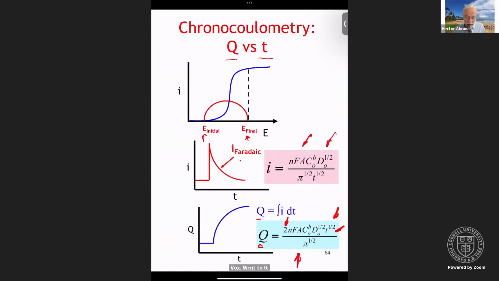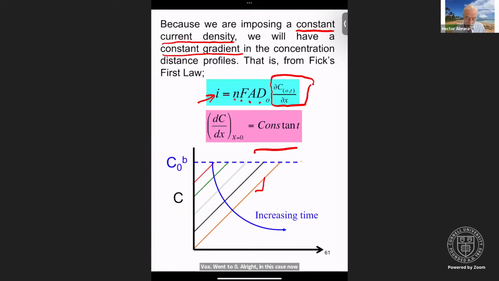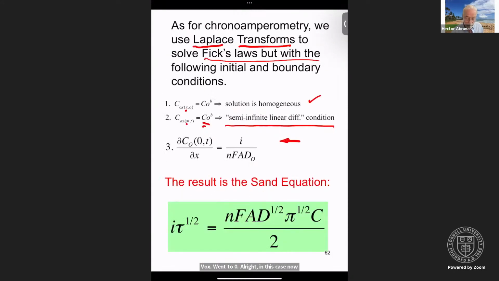In this case now, the boundary condition is that for t greater than 0 at the surface, we have a constant gradient dictated by the current.